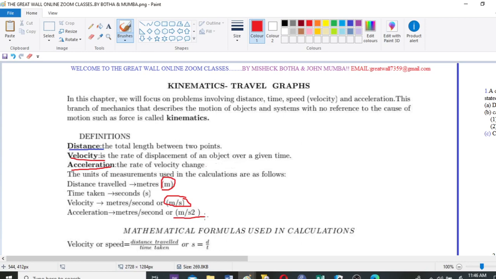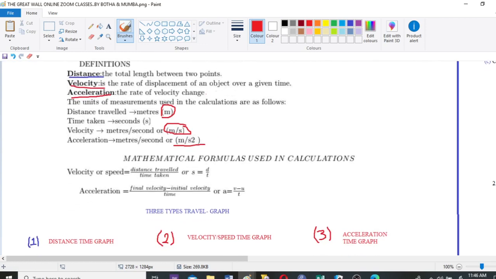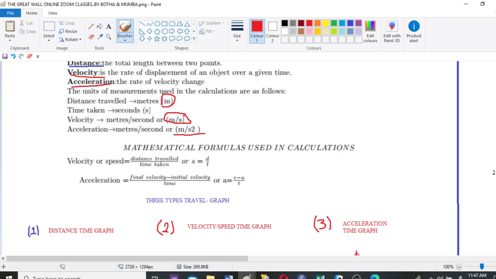So these definitions are very important, because each time we want to solve a question, we'll be looking at the definition, and then the definition will tell us what to do to solve that question. Okay? All right. So let's look at the three types of velocity time graphs, or rather three types of travel graphs, which some people say they are just two.